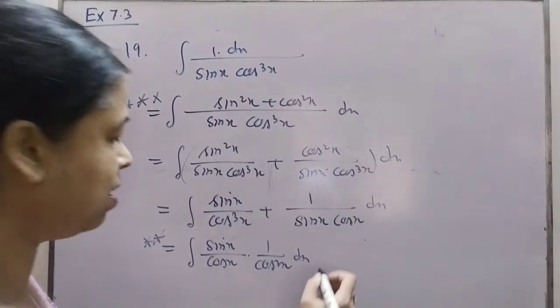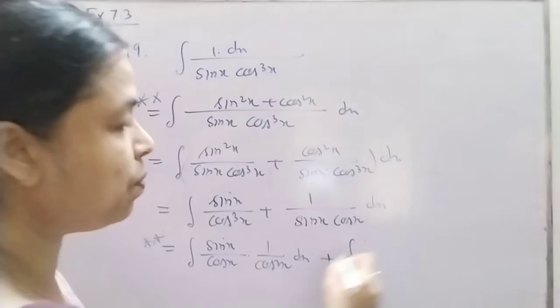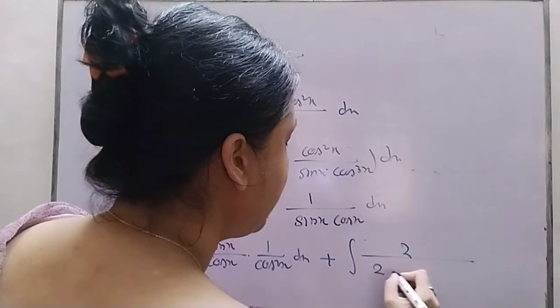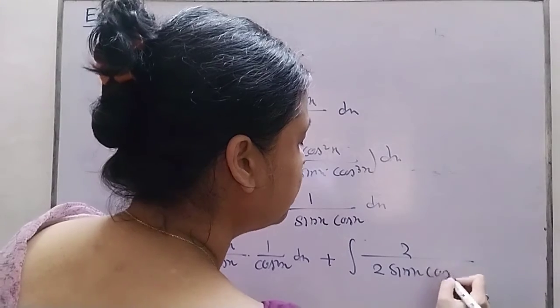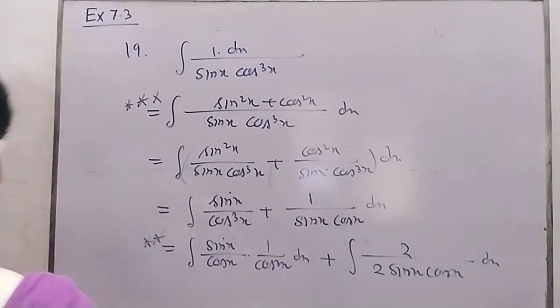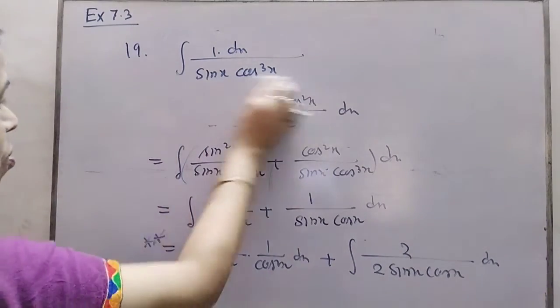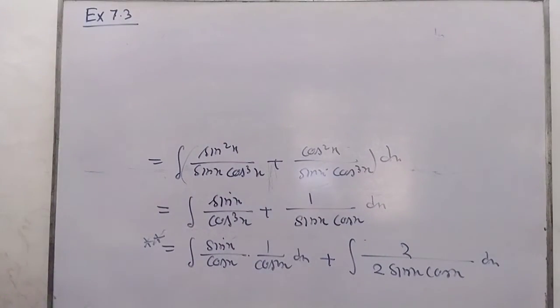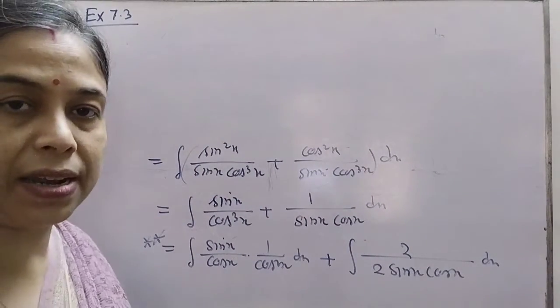And here what I am going to do, these you can convert in terms of sine of double angle if I multiply it by 2 and divide it by 2. Okay, so hope you practice this step, is it not? Practice is required for trigonometric identities, and for integrations using trigonometric identities.